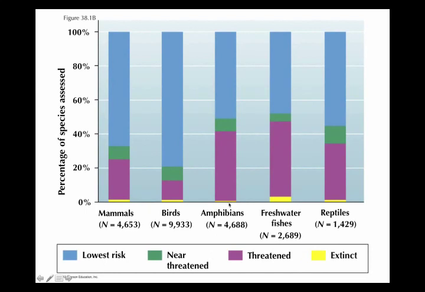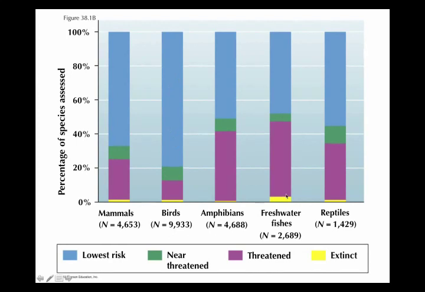So you look here, and amphibians have lots of threatened organisms. We've seen that with the fungus really infecting them. But freshwater fish also have a very high percentage. You can see numbers-wise, even though it's a smaller percentage, birds have the biggest number total.